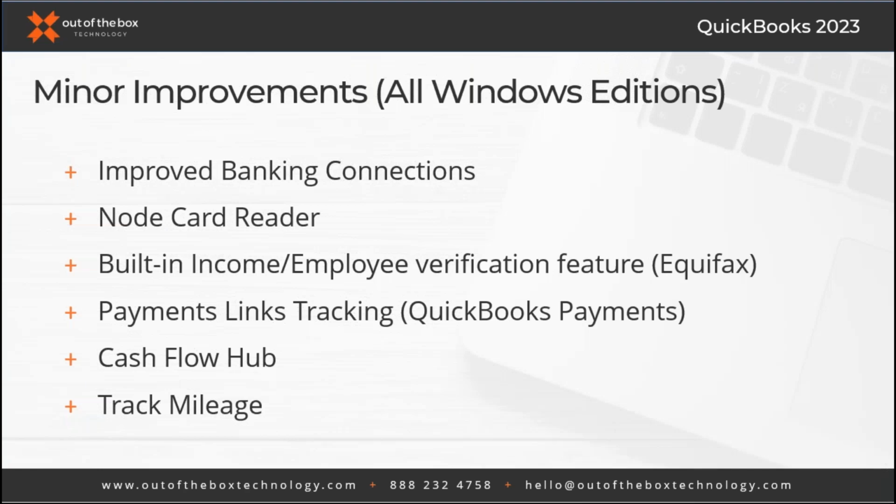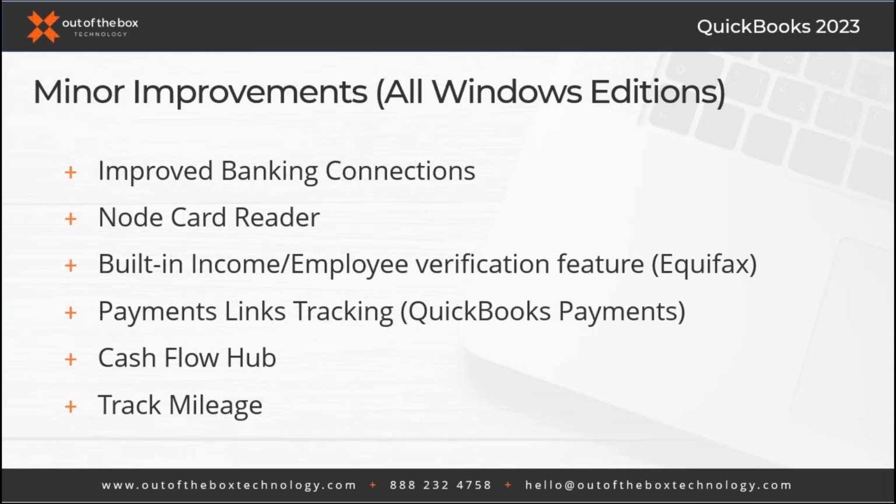Okay, so some great improvements this year. And I'm going to just touch on the areas and then we'll explain each of those a little bit better. But these improvements are for all editions of desktop. One of the greatest things that I love is the improved banking connections, and we'll get into that in a minute.